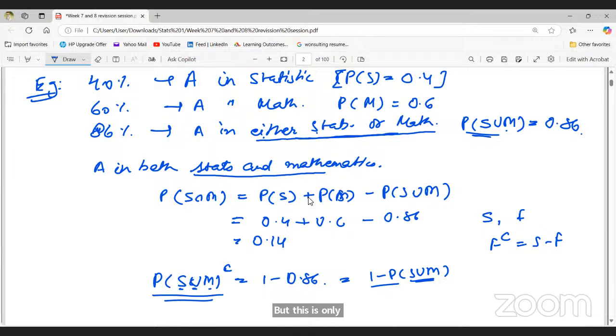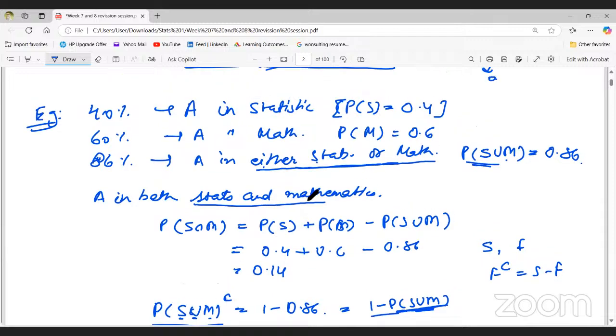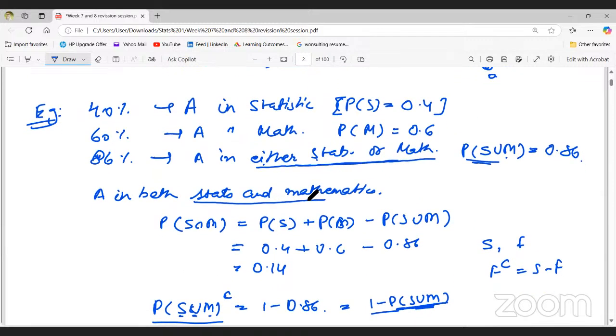But this is only possible when P of S union M complement and P of S union M are mutually disjoint events, right?